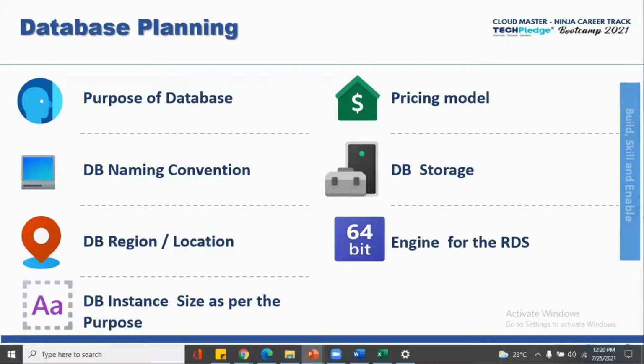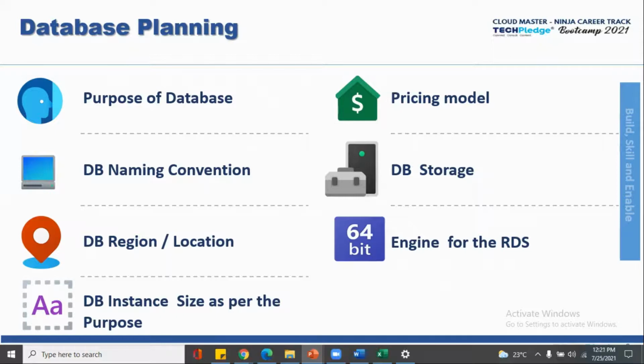Now, database region and location. In selecting the region and location, you consider where the users are, where there are a lot of users, and where users have more access and usability; in that region the database location is selected. As we have defined our purpose of database, as per the purpose there will be sizes: large, small, nano, micro.